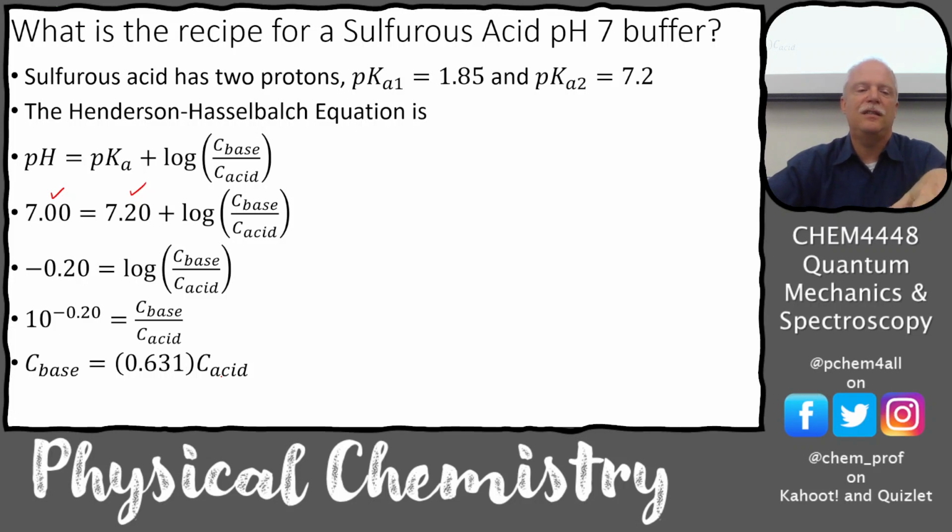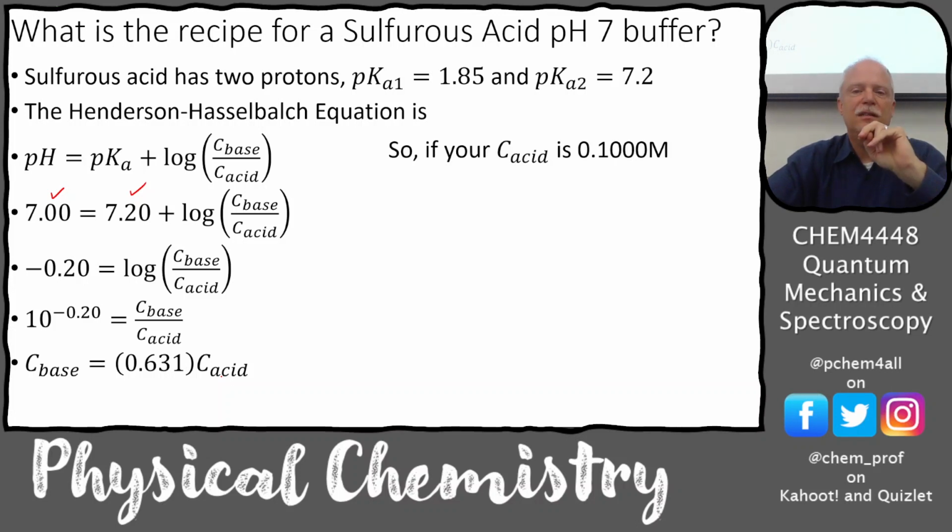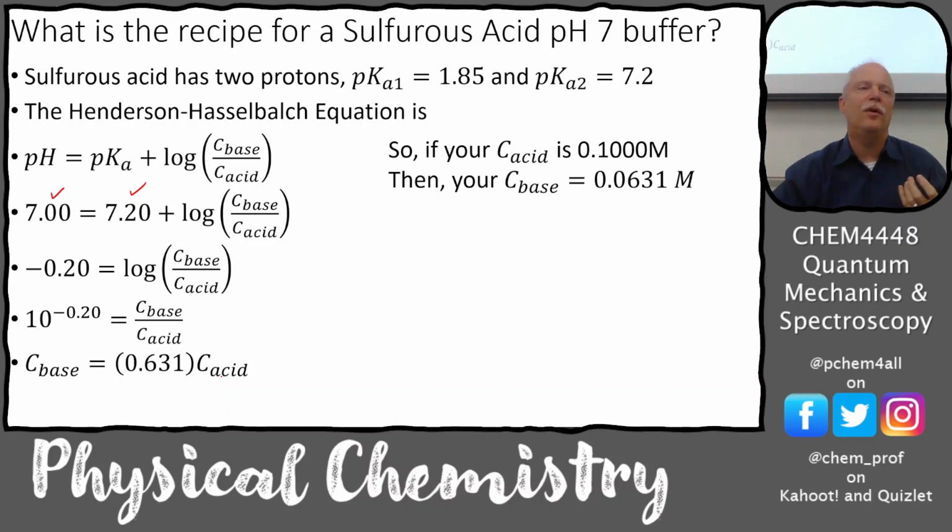But notice this equation, it's one equation, but there's two unknowns, right? The acid and the base. So we get to choose. If our acid concentration is 0.1, because that's what we want to make, then our base is going to be 0.0631. So you choose one and then you calculate the other.